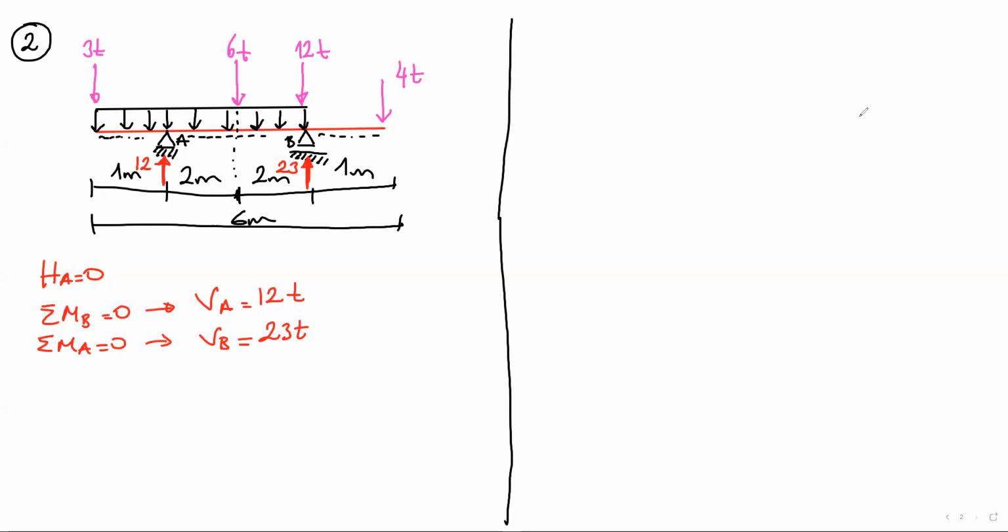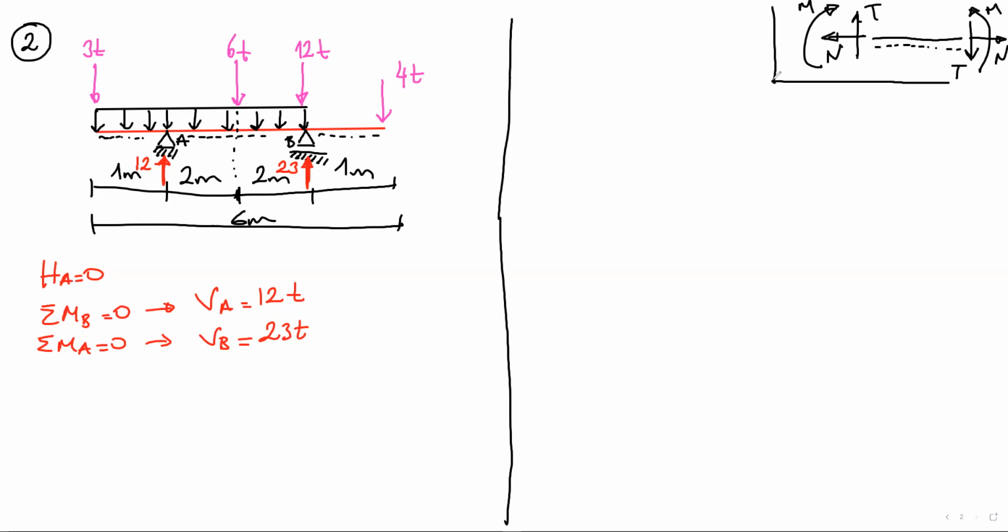The dotted line is like this, and I'd like to draw the positive directions here to remind all these directions: shear, P, and moment. These are the positive directions.